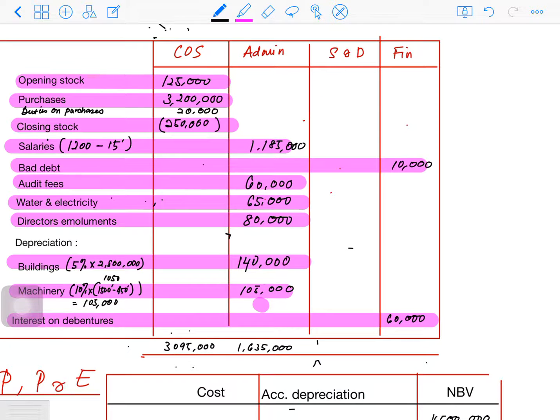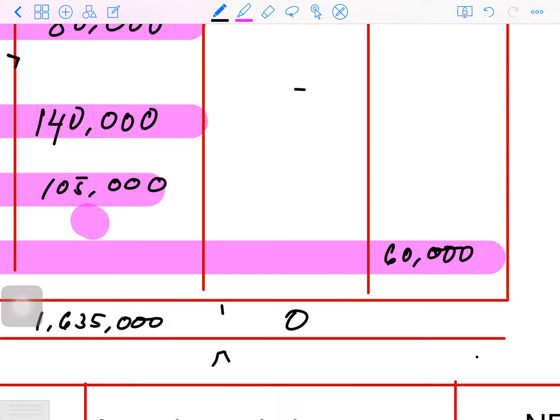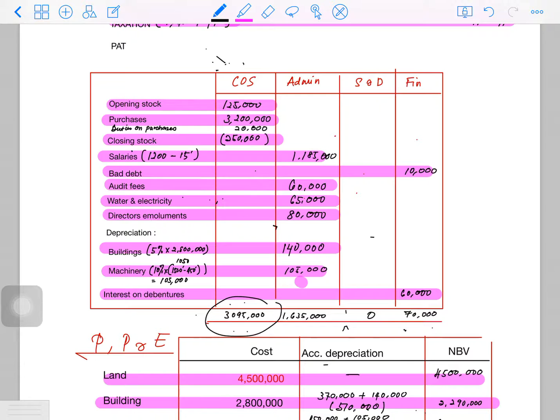Okay. So kita tak ada selling and distribution expense, but kita ada finance, finance total 70. Okay, 70 finance. So all these items will be entered into your statement of comprehensive income.